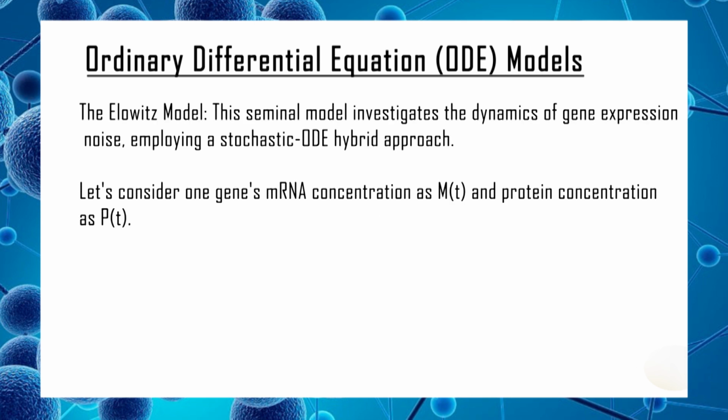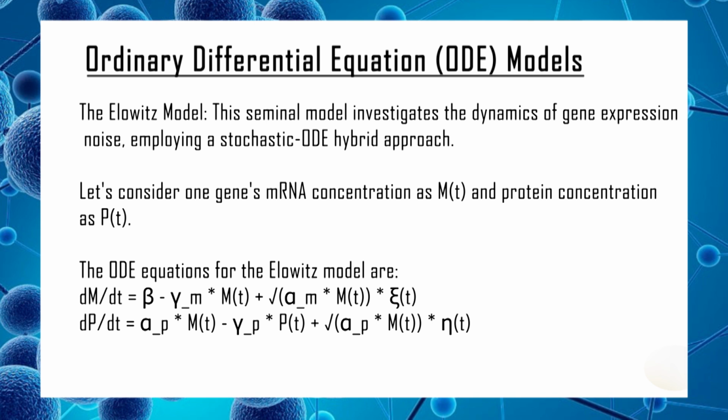The third model is known as the Elowitz model. This seminal model investigates the dynamics of gene expression noise employing a stochastic-ODE hybrid approach. The ODEs describe the average behavior of mRNA and protein abundance over time, while stochasticity is incorporated to model the inherent randomness in gene expression.